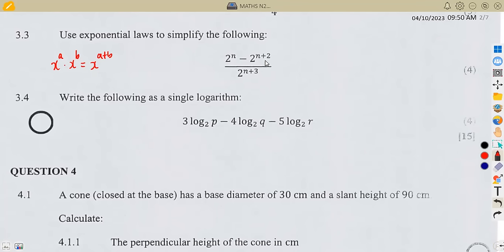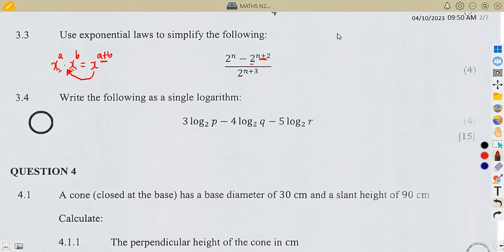So for n plus 2, before it was written as a sum, it came from a multiplication of two terms with the same base, and here our base is 2.